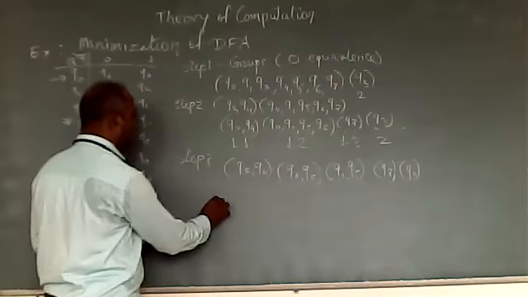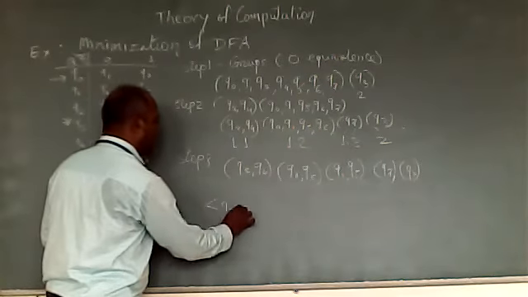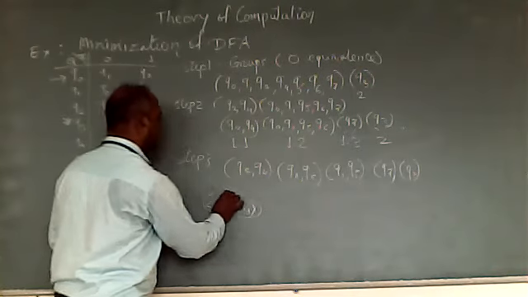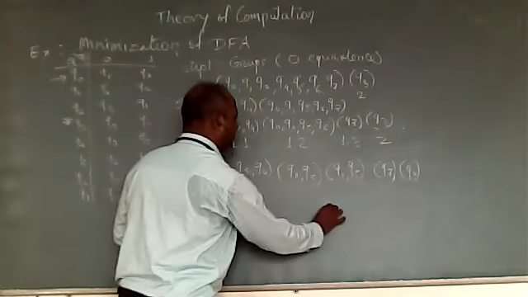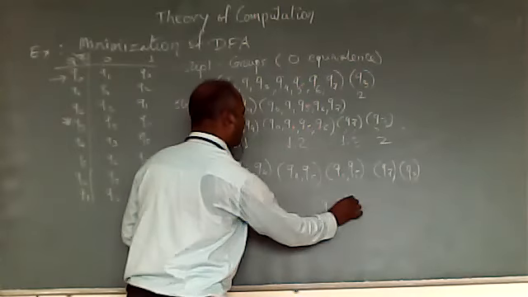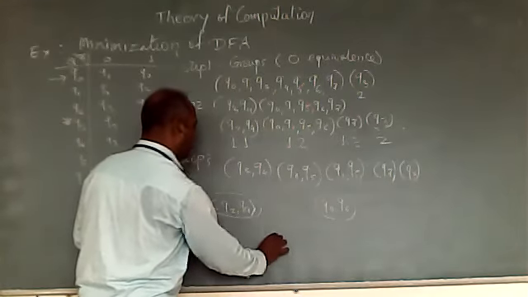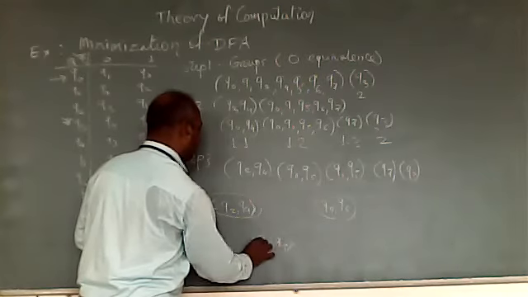So we'll draw the DFA now. First, Q2 and Q4 is one state. Q0 and Q6 is another state. Q1 and Q5 is another state.